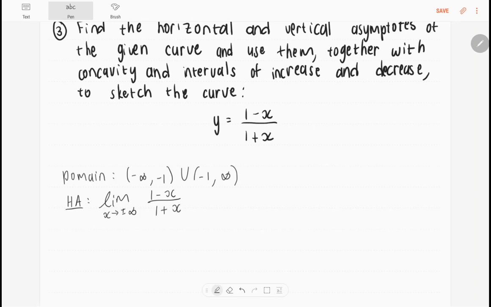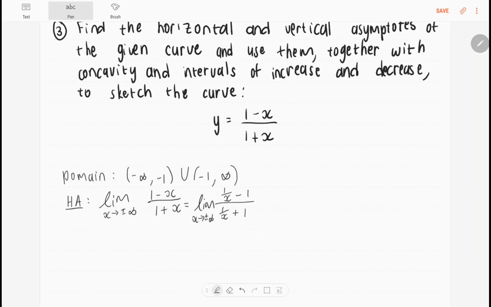Then I'm going to divide the numerator and denominator by the greatest power in the denominator, which is just x to the 1. So I'm going to have 1 over x minus x over x, which is 1, over 1 over x plus x over x, which is 1. And don't forget your limit in front.